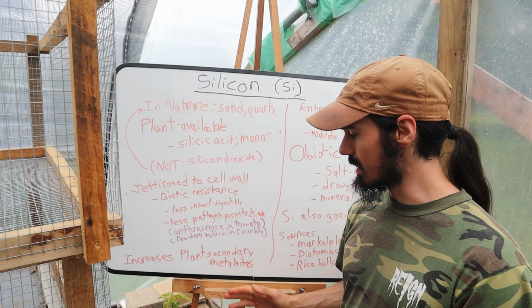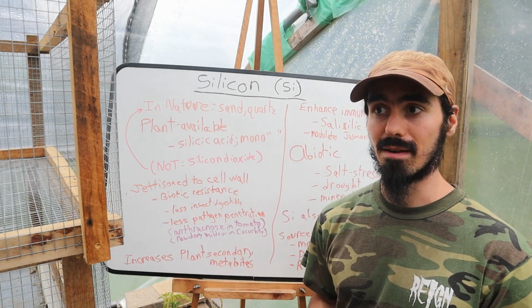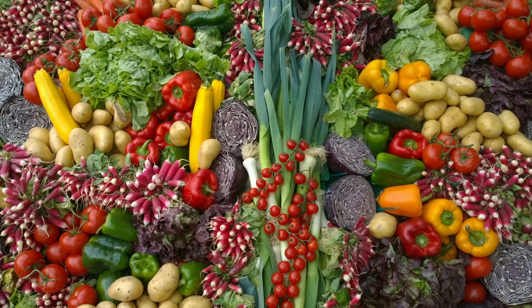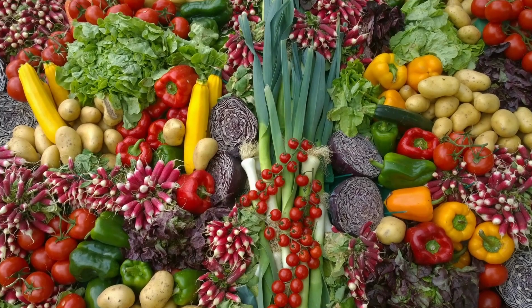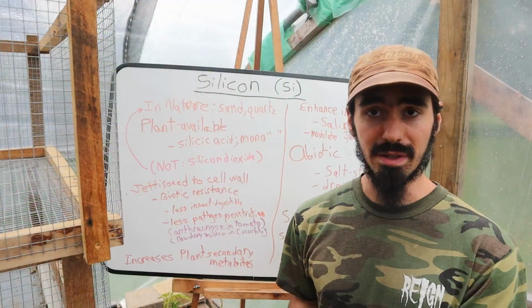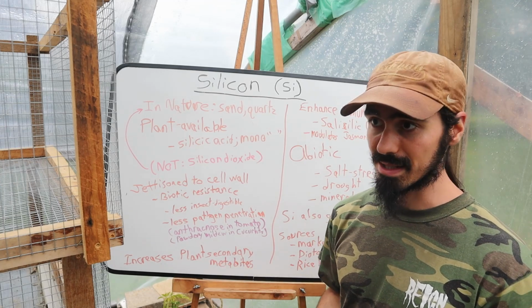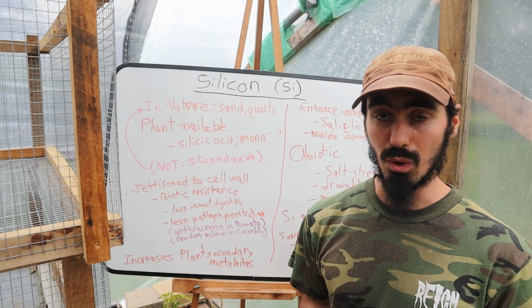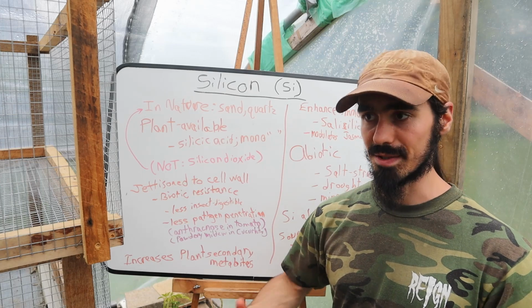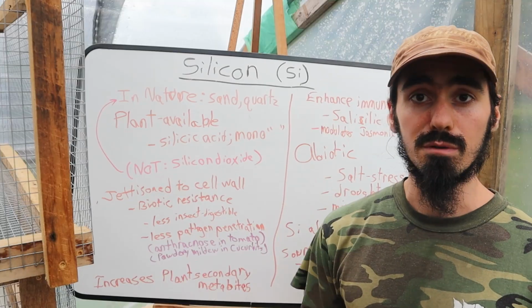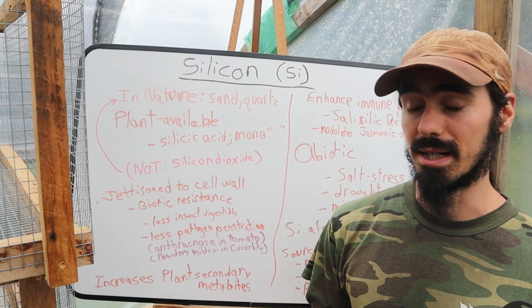And some of these secondary metabolites can have bitter or astringent qualities, but they can also be distasteful or not healthy for certain types of insects, right? These are natural compounds in plants that are produced, at least in part, for natural pest control or for self-defense, to make them less attractive to different insects, or also better able to fight certain pathogens, right?